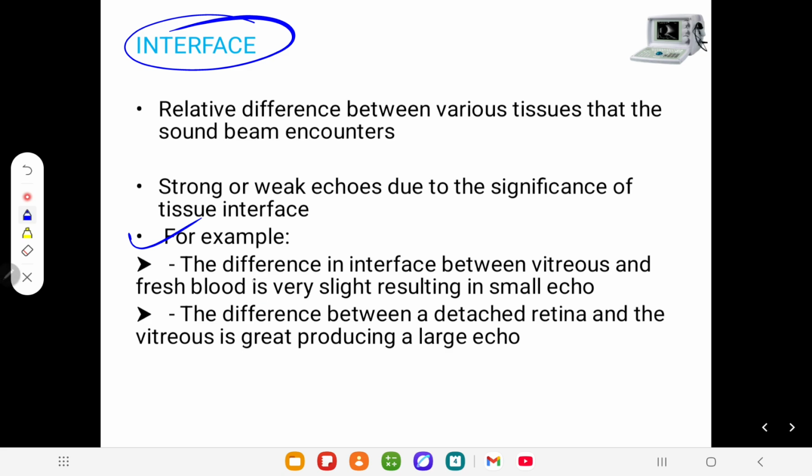The difference between fresh blood and vitreous is very low, but the difference between detached retina and vitreous is very high. That's why there is a large spike in this case, isn't it? Vitreous and detached retina give large spikes, but the spikes in the case of fresh blood in vitreous are very small. So you have to know the interface.